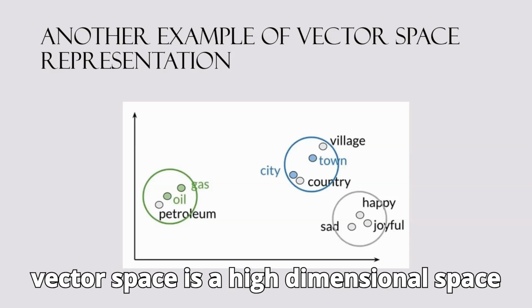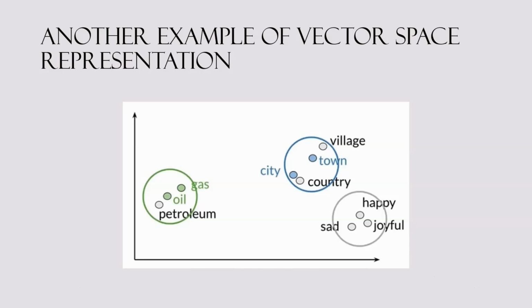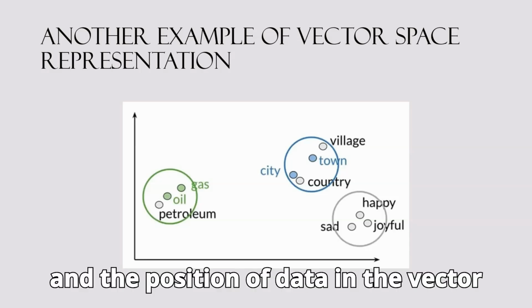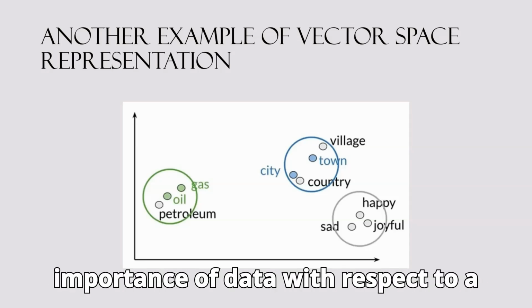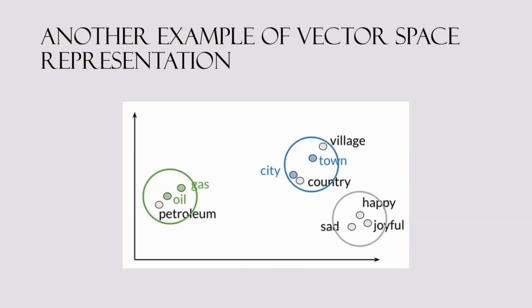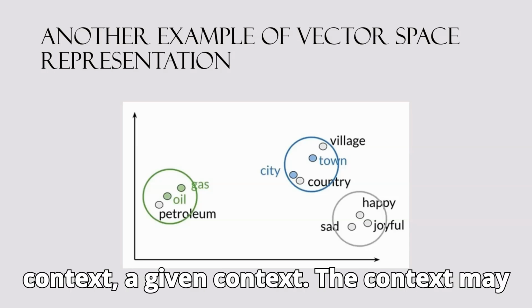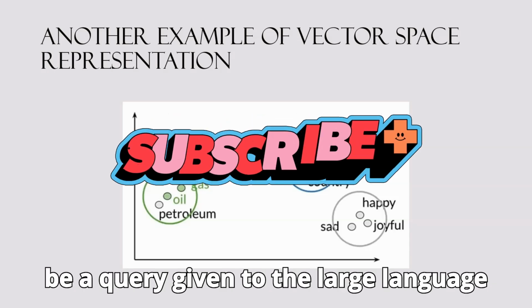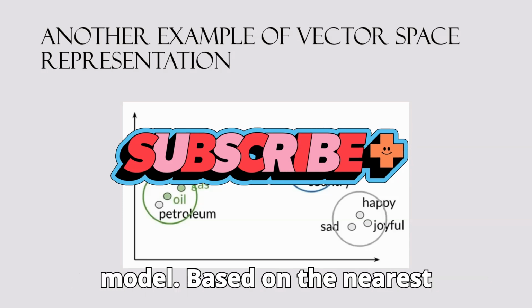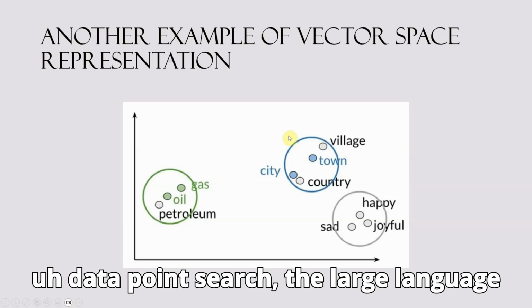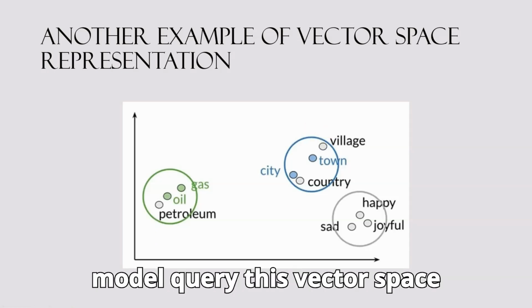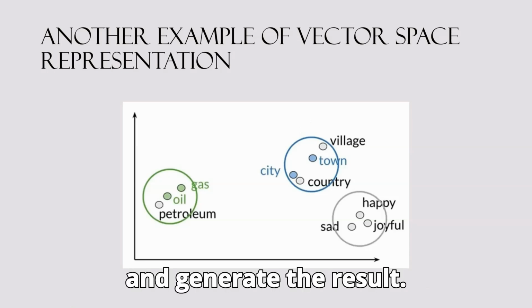The vector space is a high dimensional space, and the position of data in the vector space determines the meaning and importance of data with respect to a given context. The context may be a query given to the large language model. Based on the nearest data point search, the large language model queries this vector space and generates the result.